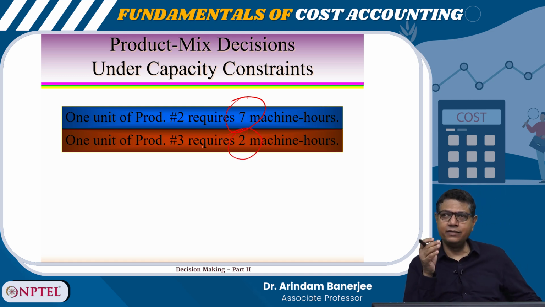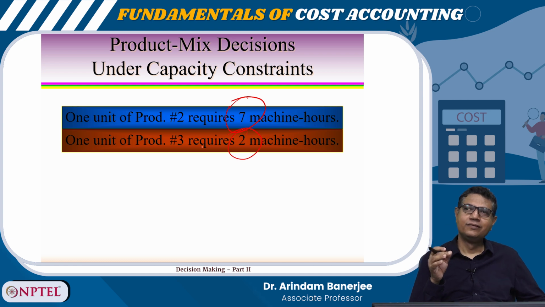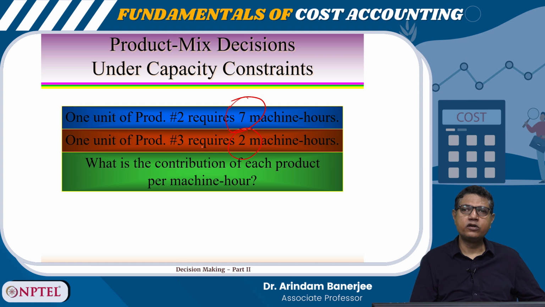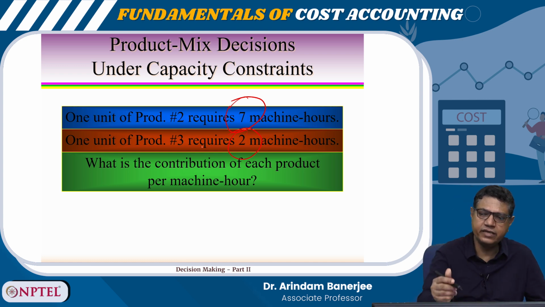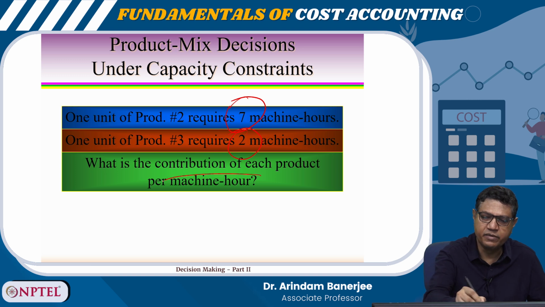So when I add this information, you see the perspective gets changed. What is my key factor or limiting factor here? My limiting factor is the machine hour. So I have to calculate contribution per machine hour.